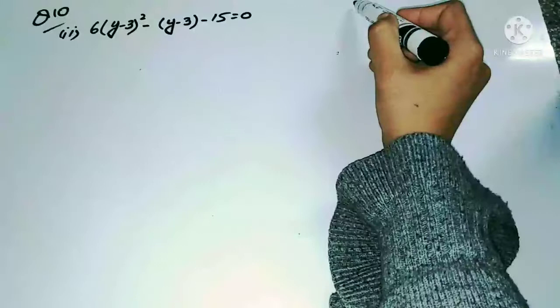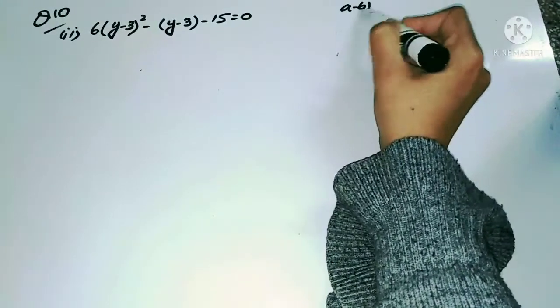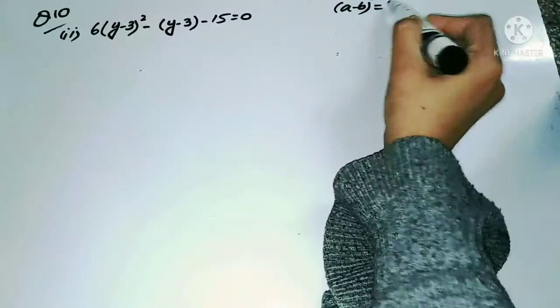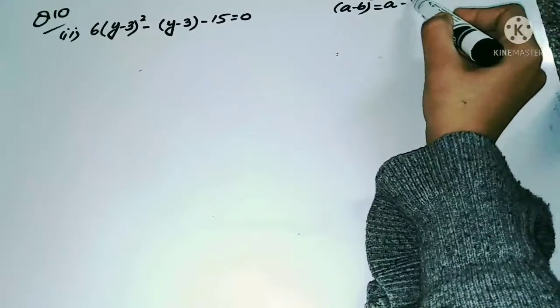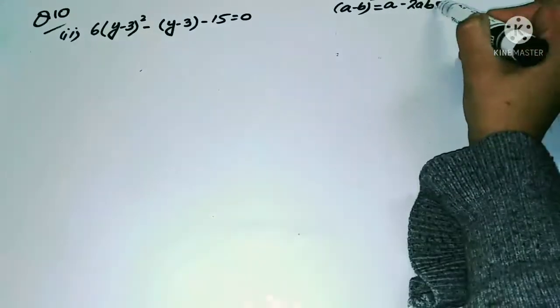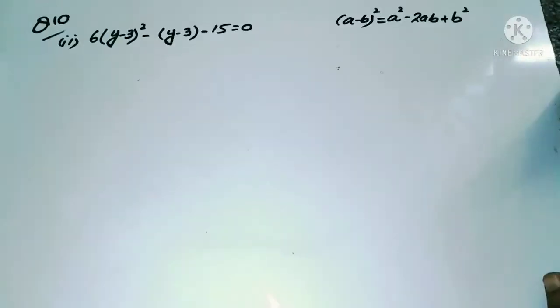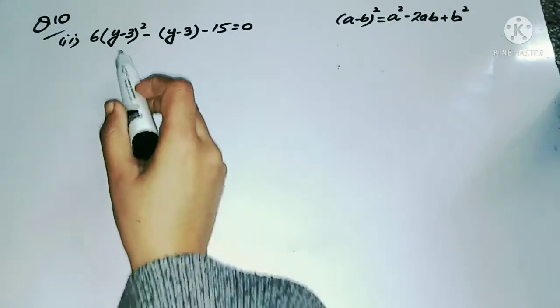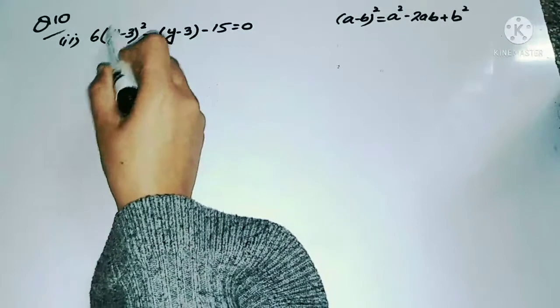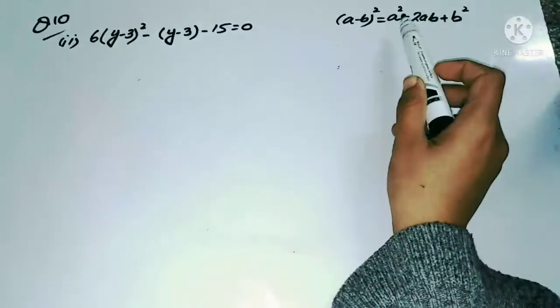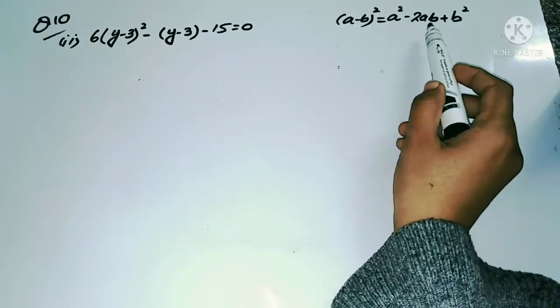You know the formula, the identity, which is (a minus b) whole square is equal to a square minus 2ab plus b square. Now use this identity over here, because this is (a minus b) whole square. So we can use this as an identity, which is equal to a square minus 2ab plus b square.